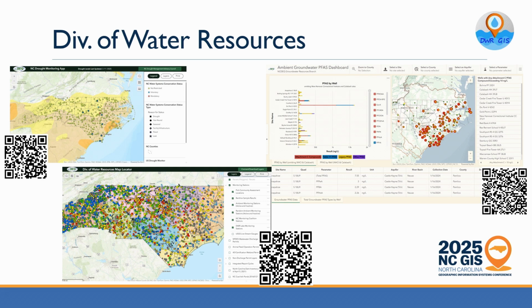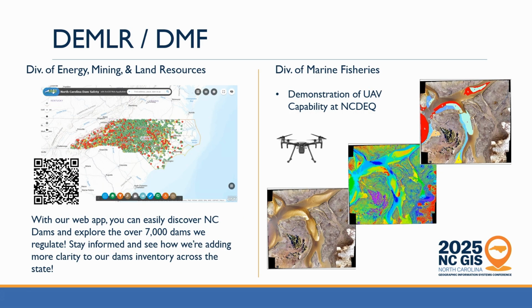And what we found that was common to that, everybody has their own data structures, but if we could link the geography somehow, if we could know where the points were and at least use that as an ability to transfer or communicate that across departments or across agencies, we got a pretty good feeling for that, I think. I think we were successful in that. The drought monitoring app is one of those. That's where we're going all the way from federal data sets to state data collected, even down beneath that in some regard, I believe. And then a couple of other ones.